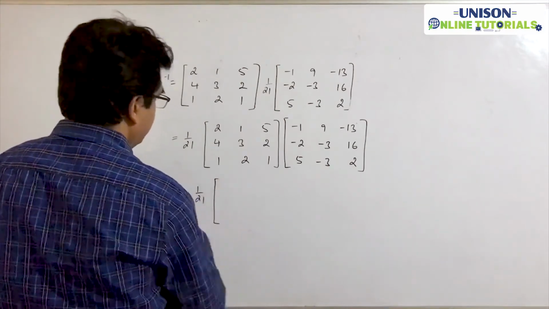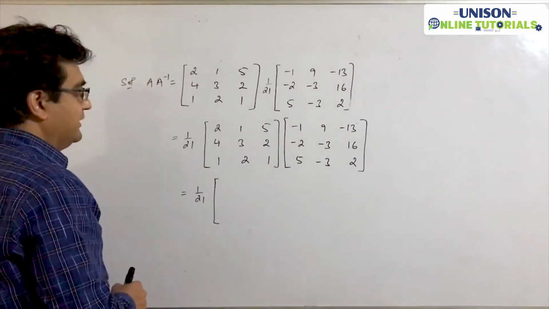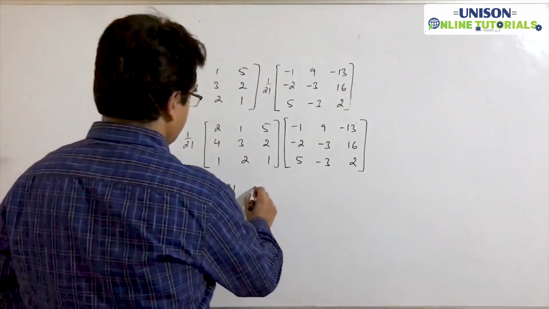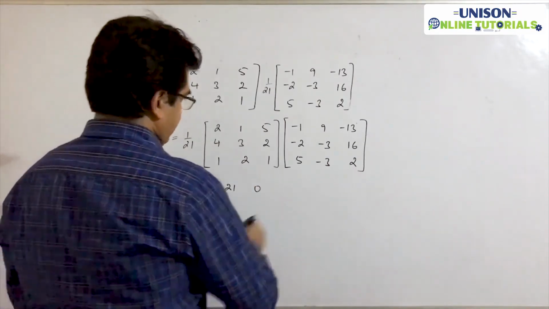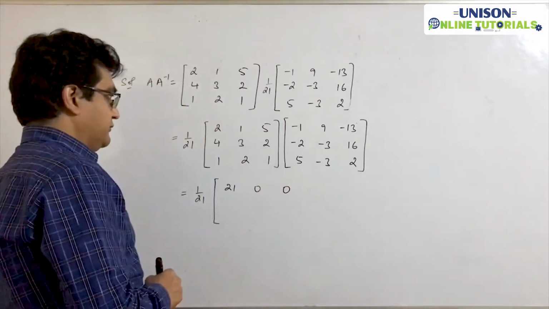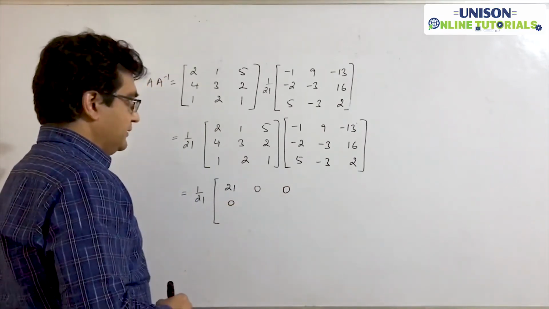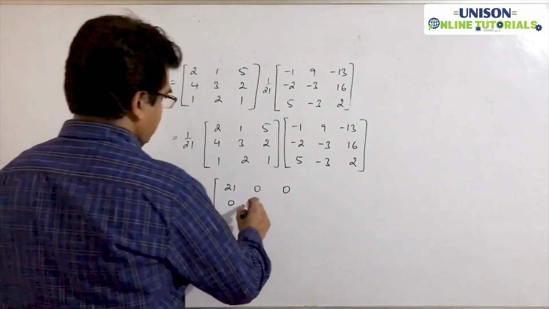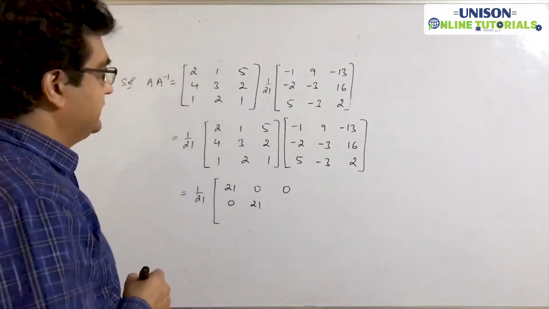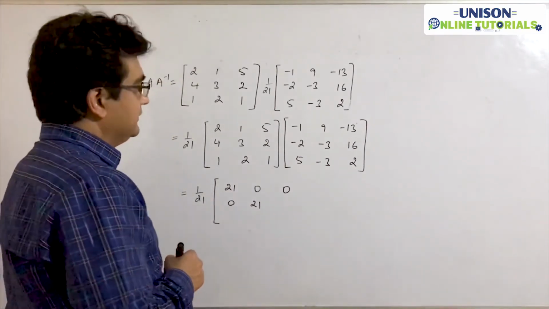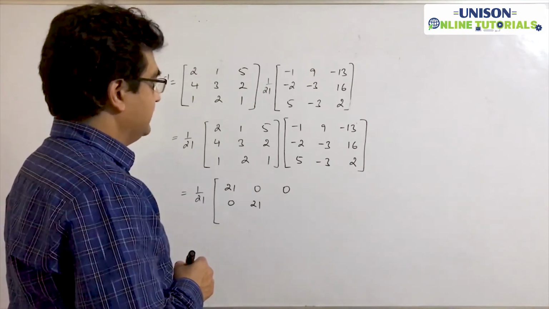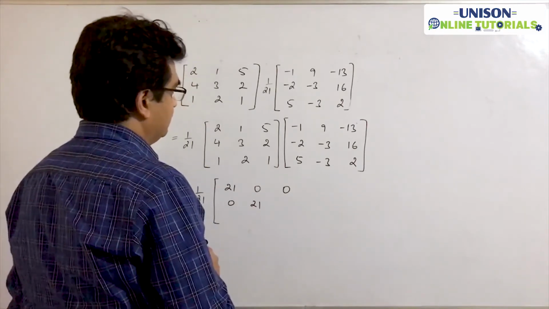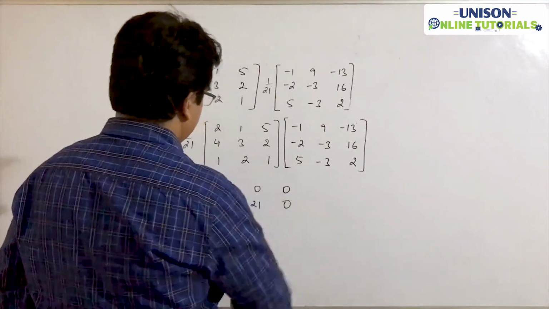1 by 21. It will be minus 2 minus 4 plus 25, it is 21. 18 minus 3, 15 minus 15, 0. It is again 0. Minus 4 minus 6 minus 10 plus 10, 0. 36 minus 9, it will be 27, and 27 minus 6, it is 21. So minus 52 plus 48 plus 4, that is 0.